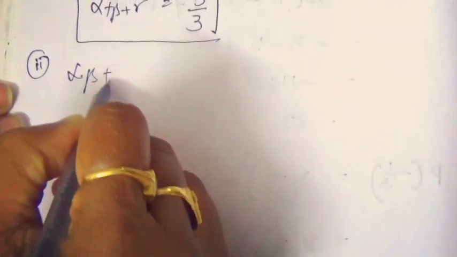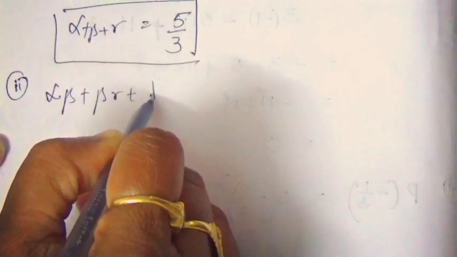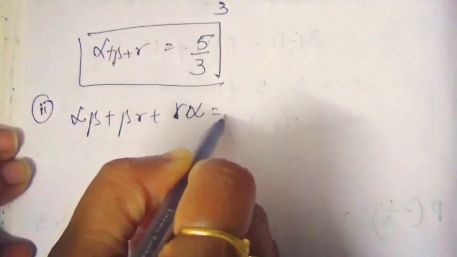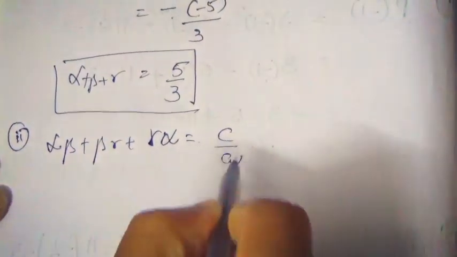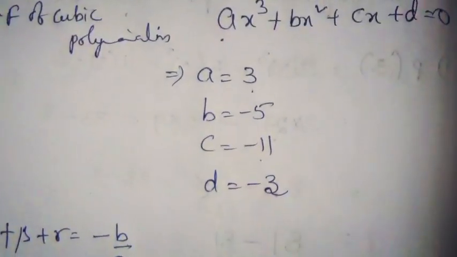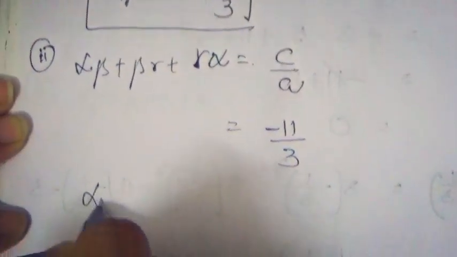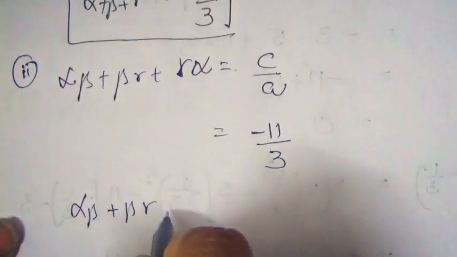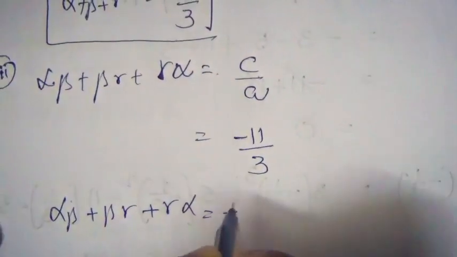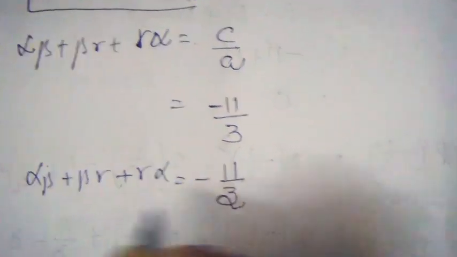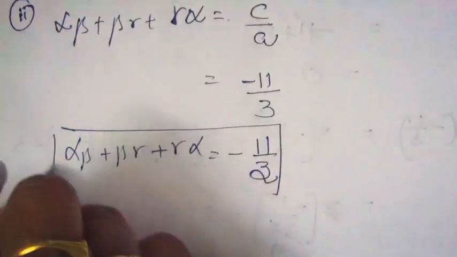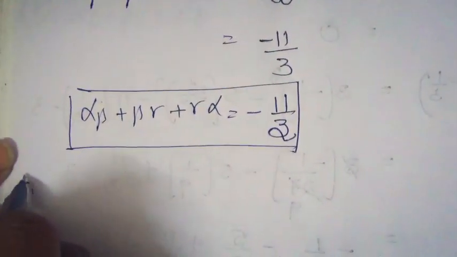The second relationship is alpha beta plus beta gamma plus gamma alpha, that is equal to c by a. What is the value of c? Minus 11 by a, which is 3. So alpha beta plus beta gamma plus gamma alpha is equal to minus 11 by 3. It is the second relationship of the zeros of the polynomial.